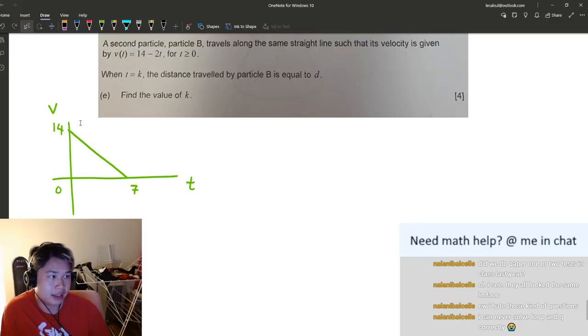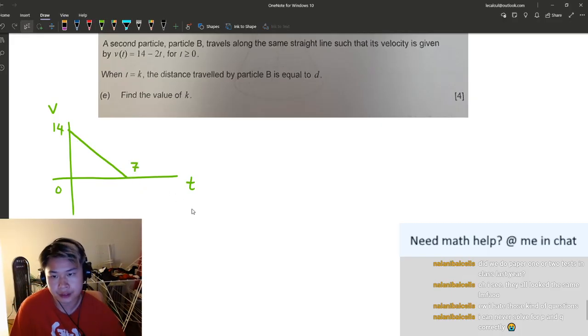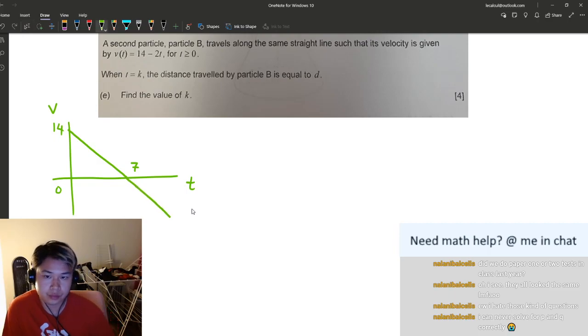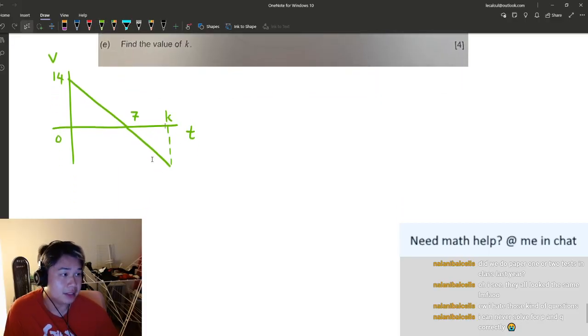And then it will go all the way to 7 here. Right? And then it might continue on afterwards, because we don't know how long this particle moves for. I'm assuming it moves for more than 7 seconds.